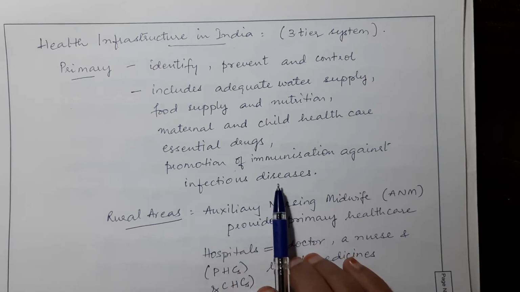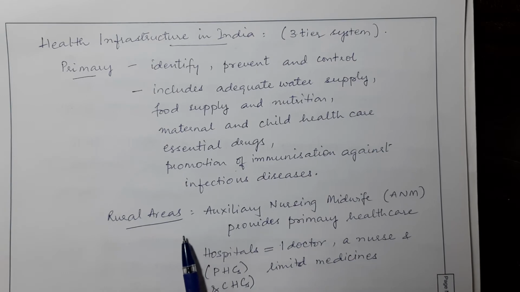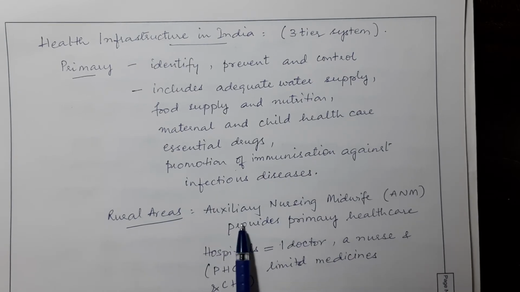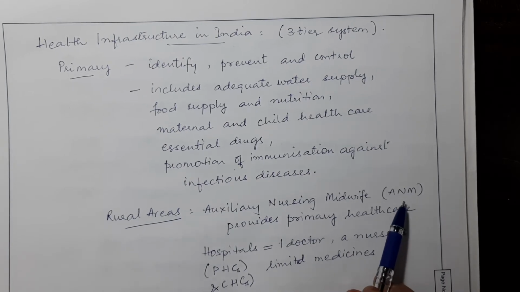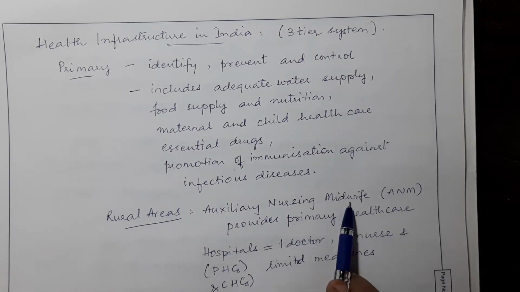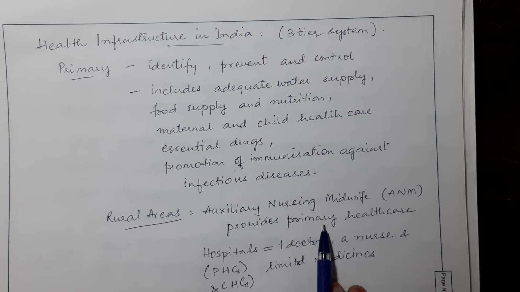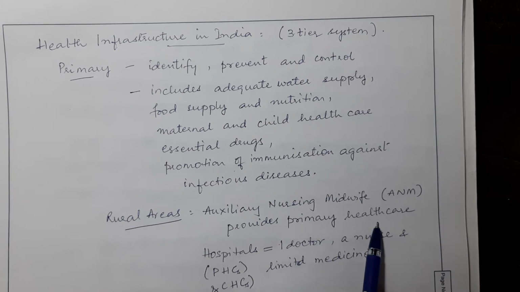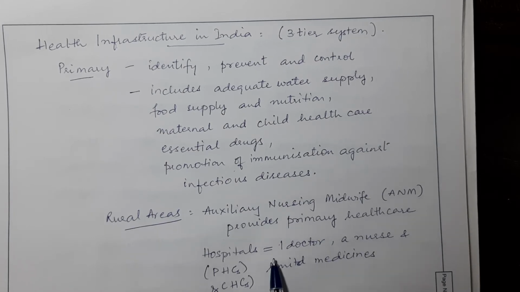Infectious diseases. Now in the rural areas, we find the ANMs. You must have heard about ANMs, who are auxiliary nursing midwives. They provide primary health care to people living in the rural areas.